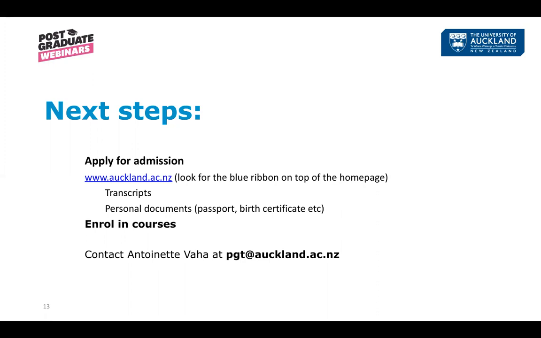But for those who haven't studied with us before, welcome. Provide your transcript and also your personal documents. So basically documents that would support you as a person, your identity, passport, birth certificate, that kind of thing, and also validate your citizenship or residency status so that the university will know whether you are a domestic or an international student. Once you are admitted into the program, you will then be able to enroll in courses.